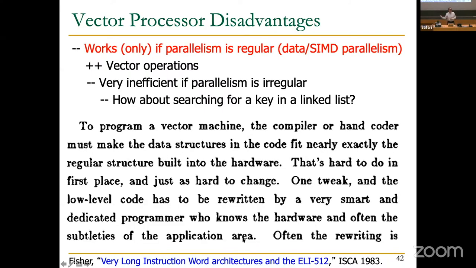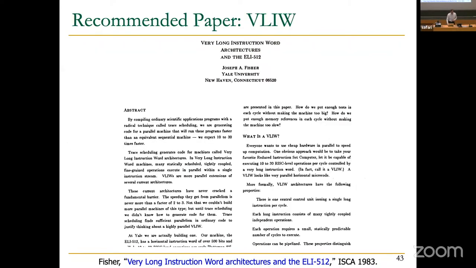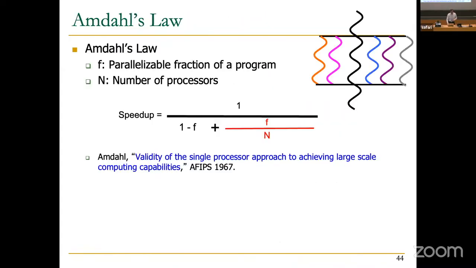And this is actually a very nice description of why some applications don't fit vector processors. But if they fit, great. If they don't fit, these problems happen. And Josh Fisher poses VLIW as a solution to this, but it has its own problems, as you know, right now. And if he continues, often the rewriting is extremely difficult, et cetera, et cetera. Okay, and that's the recommended paper. You can read more about it.